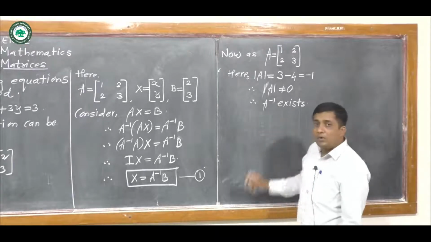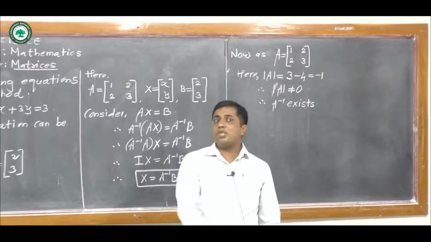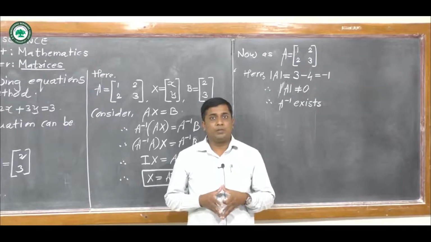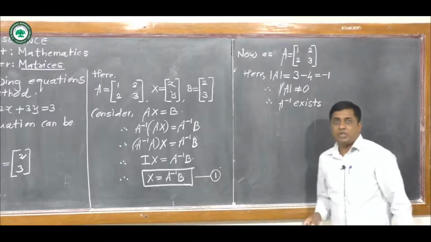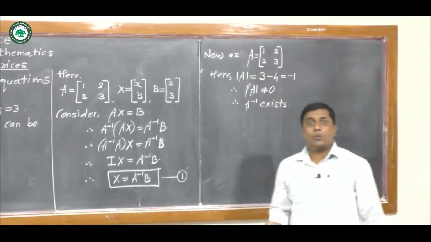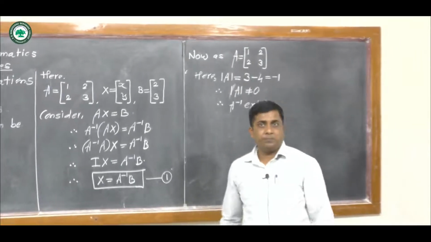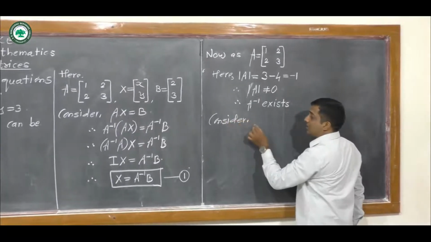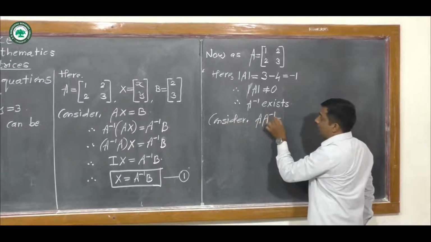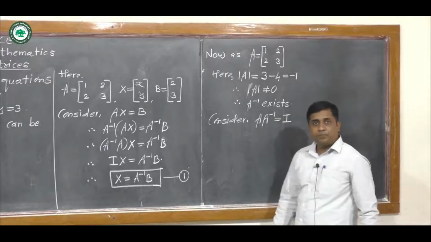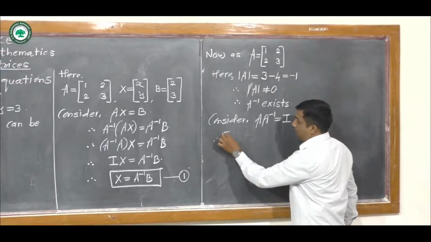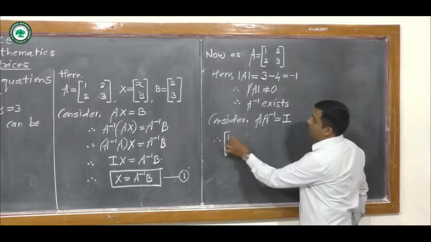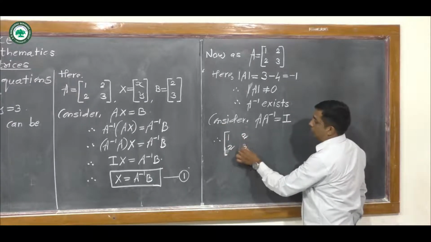Now to find the A inverse we use either transformation method or the adjoint method. Let us consider the transformation method, and in that we consider the row transformation. If we have to consider a row transformation, we consider the equation A inverse is equal to I. We replace A by using the elements 1, 2, 2, 3.